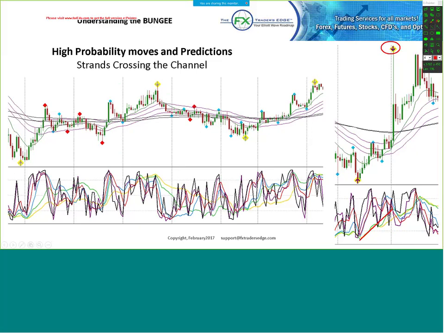It closed here. We know we have to have price going higher than that because we need the green bungee to the top of the channel. So it's no surprise that we went up again. Now we didn't make a higher high, but we had to get that green bungee back up here. It is a very high probability expectation.